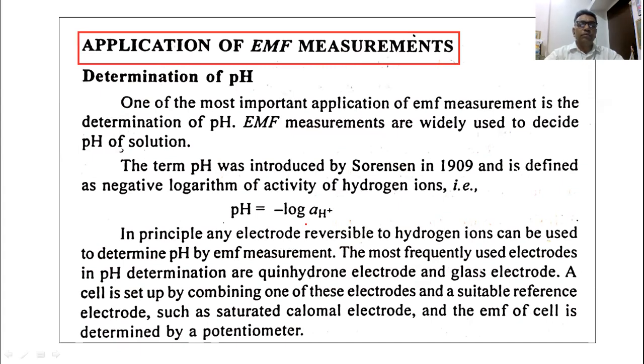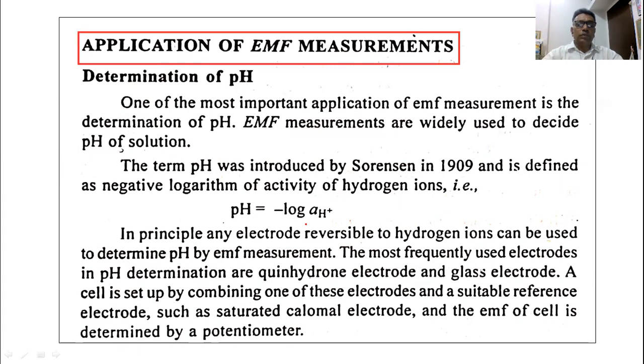To measure the EMF of the cell, we have to take either the quinhydron electrode or the glass electrode, and the other electrode is a saturated calomel electrode.